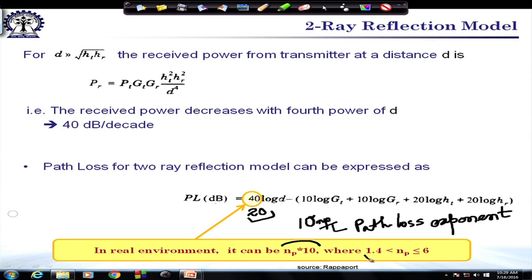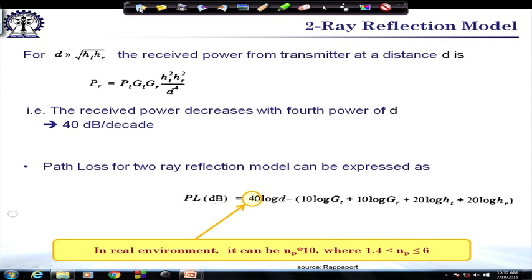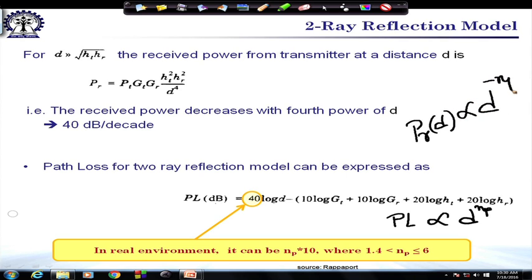Now, this is not restrictive at all. These numbers are from measurements, and typically they would lie in the range of 1.4 to 6, as has been observed in many situations. So, if we remember this expression, path loss we can say is proportional to the separation distance raised to the power of NP, or received signal strength PR as a function of d is proportional to the separation distance raised to the power of minus NP.